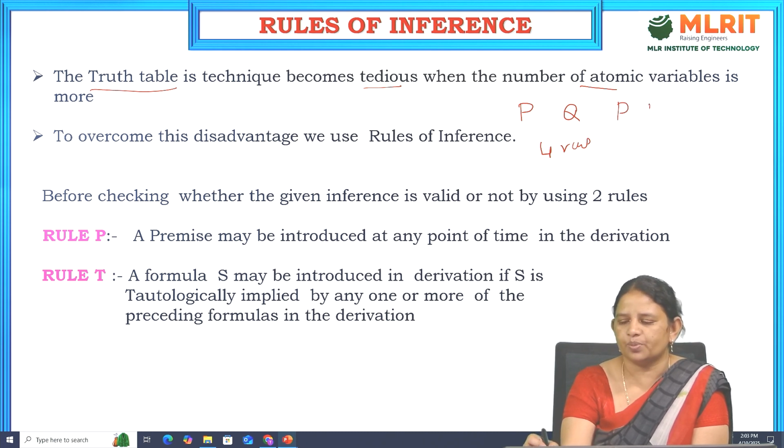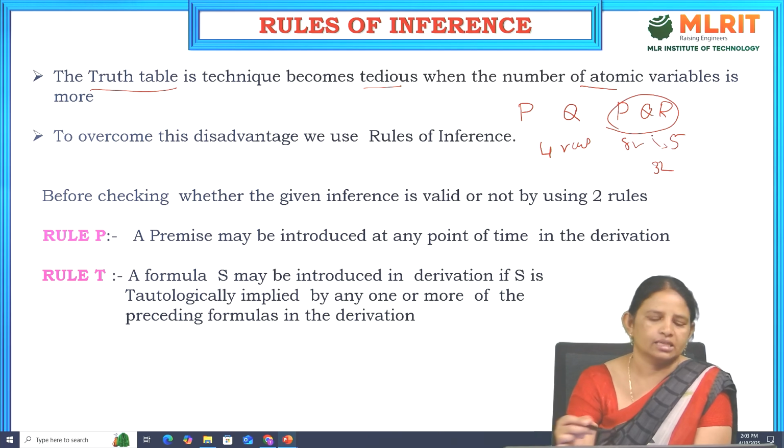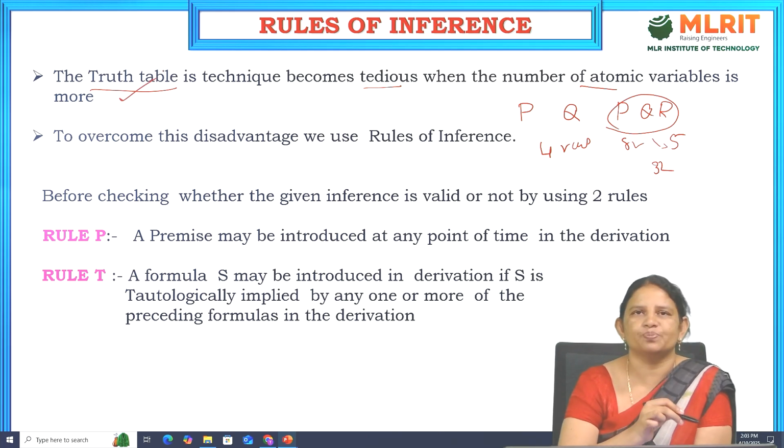Suppose there are 3 propositions, we get 8 rows. If it is 5, 32 rows are present. If the number of atomic variables increases, then the truth table technique becomes very difficult for checking whether the inference is valid or not.